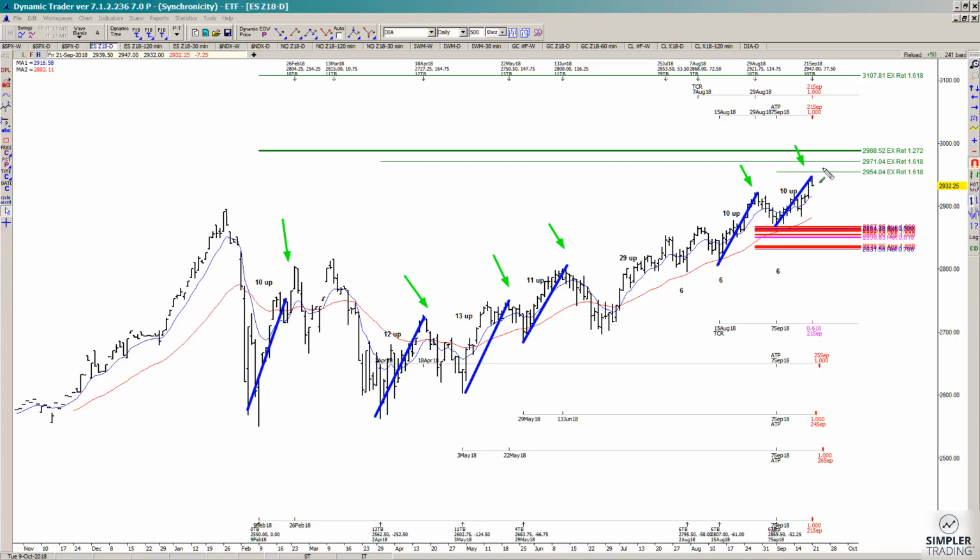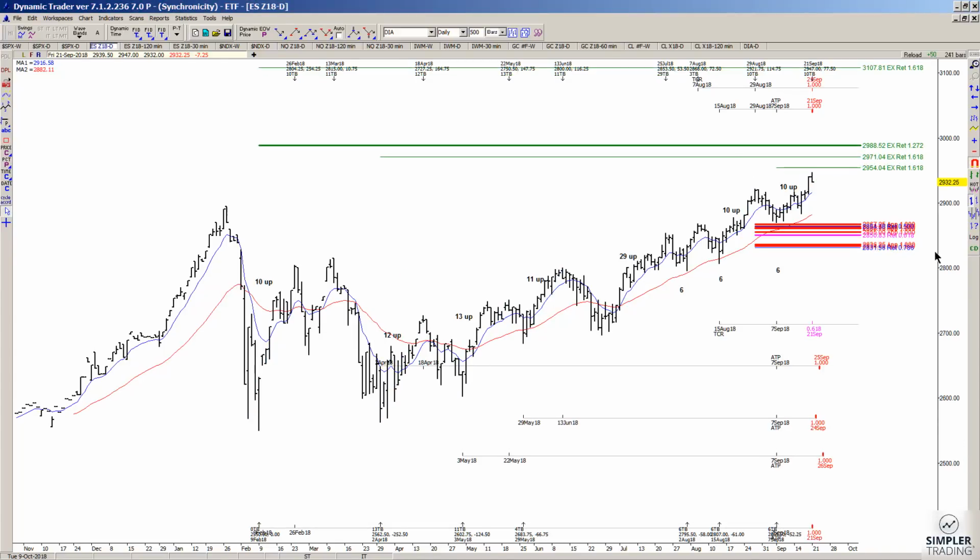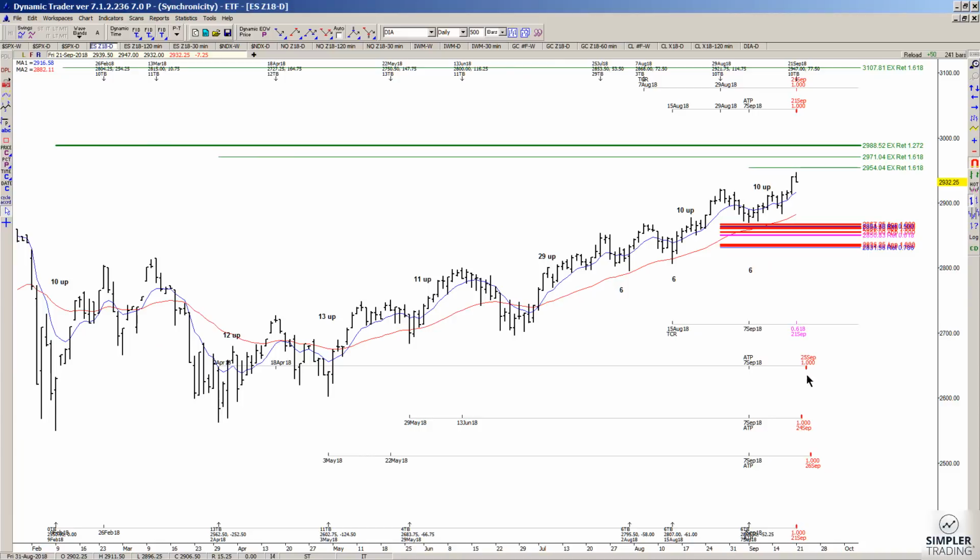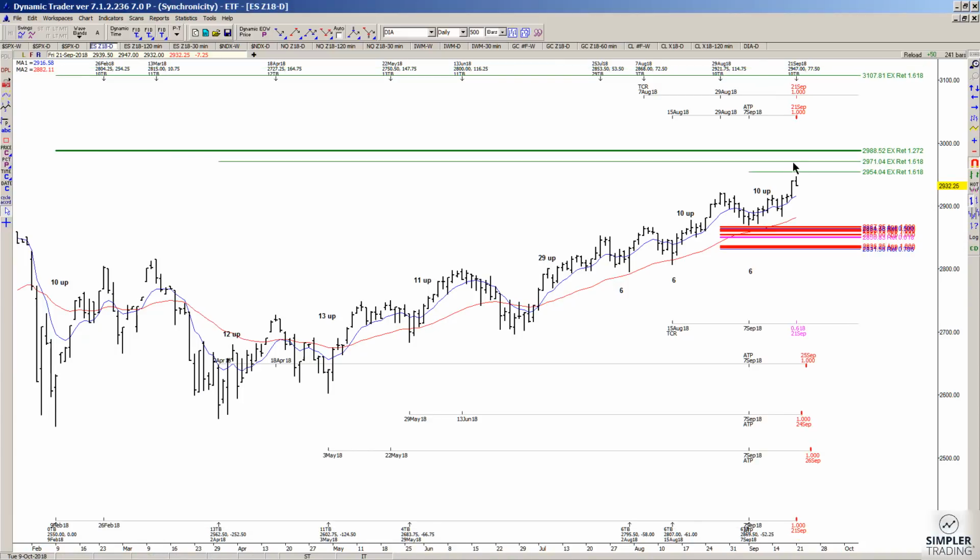So does this mean that we're definitely going to roll over and get a decent pullback? No, but it's the time to anticipate that possibility and be prepared to, number one, exit long positions if you're in the S&P. And number two, only if you're nimble, you can look at the other side of it. Okay?